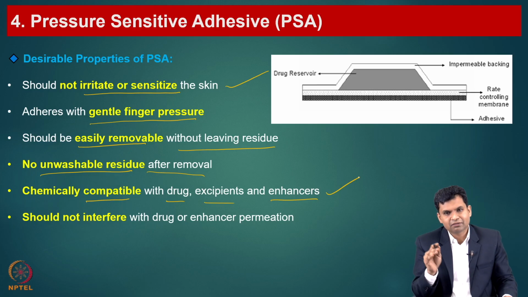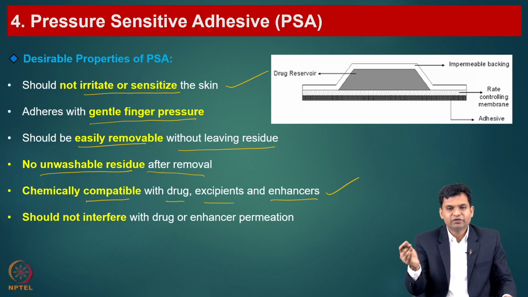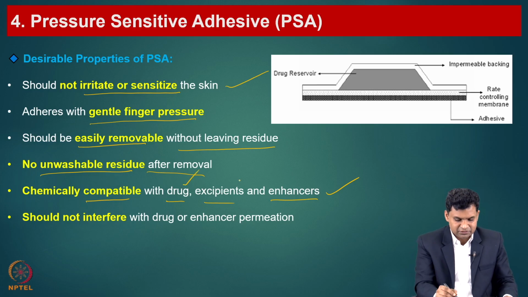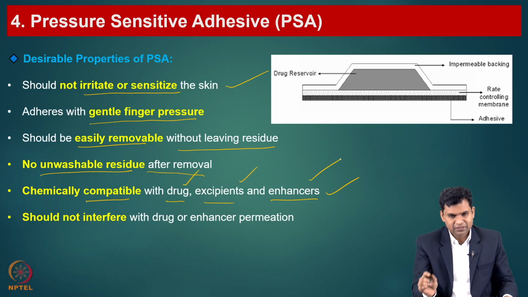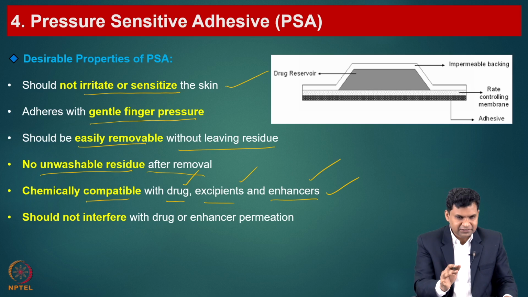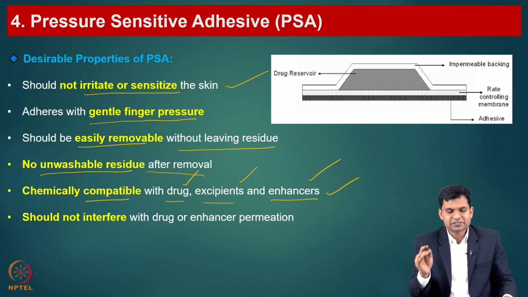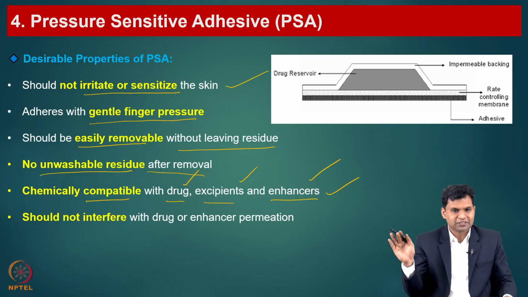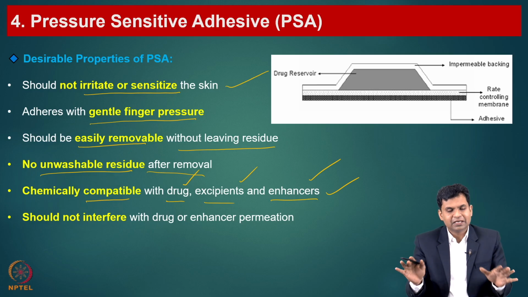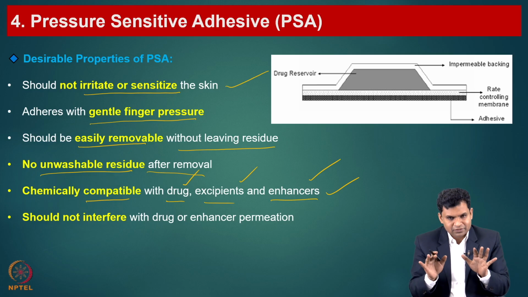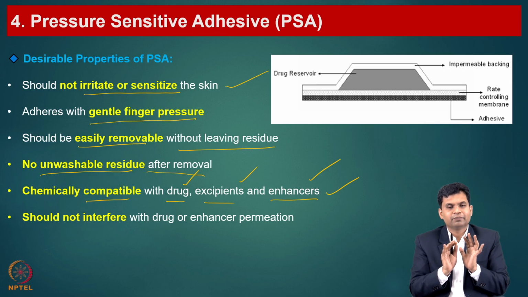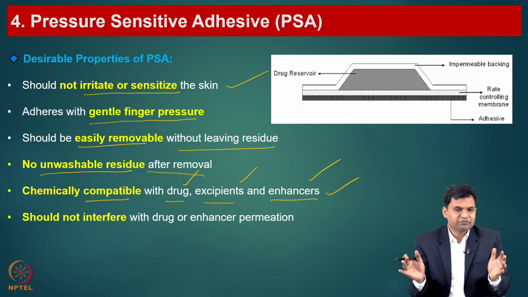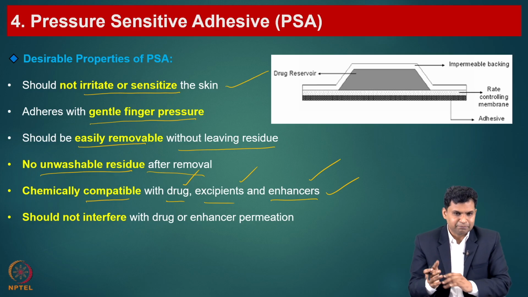So, to select the right PSA material, we need to do a compatibility study with the drugs, the excipients and the enhancer. Based on that, if your PSA material is non-compatible, then we should not select it. If it is compatible and there is no problem in the chemical properties of the drugs as well as the excipient, then we can select the right PSA material.